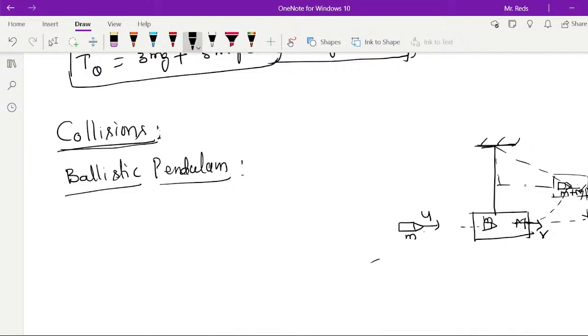See, if you apply the law of conservation of momentum for this, then the ballistic pendulum is used to find the velocity of the bullet.